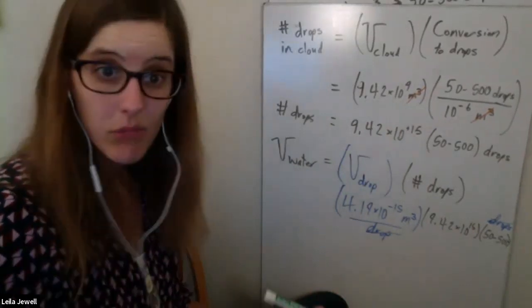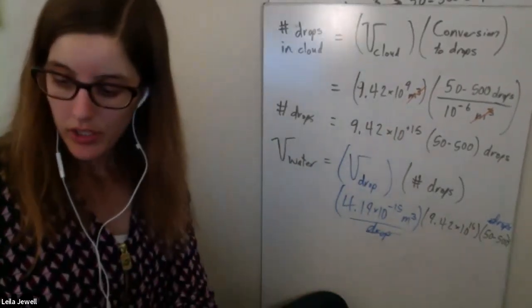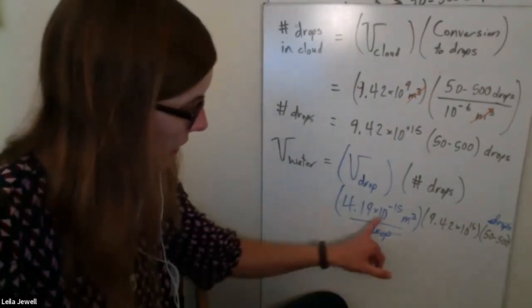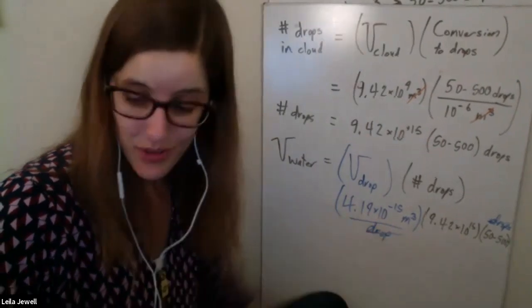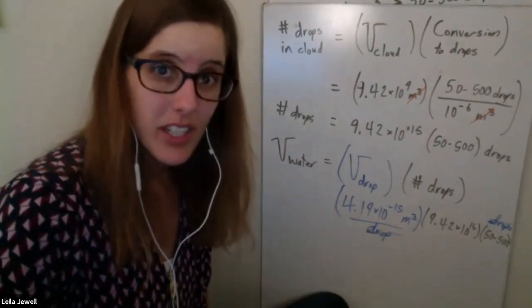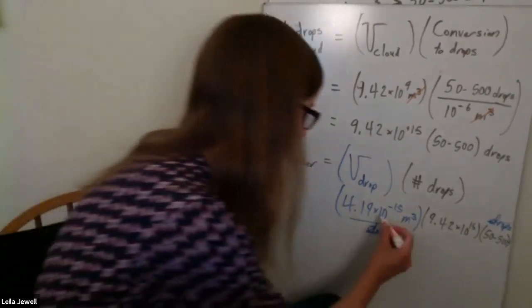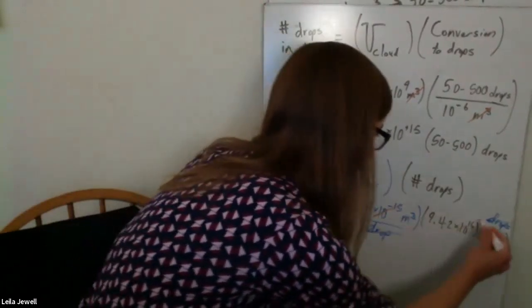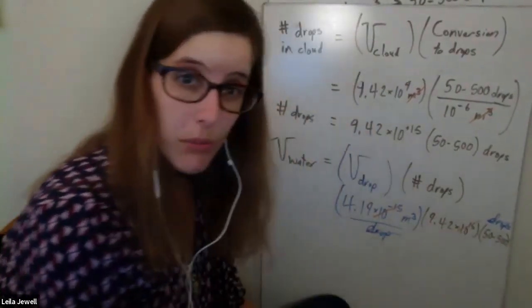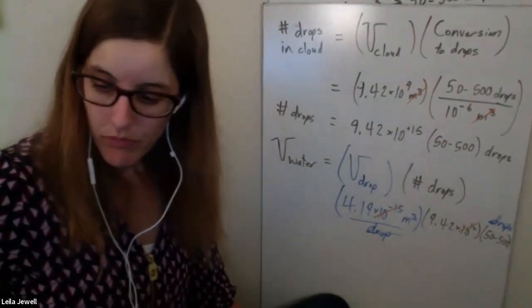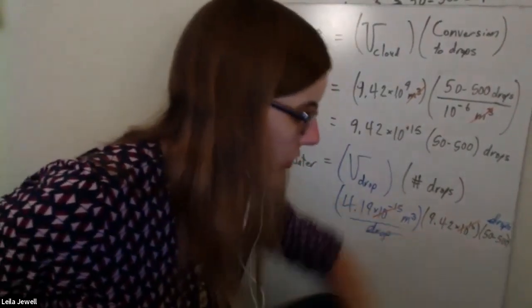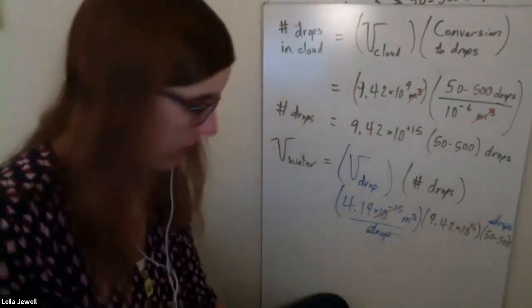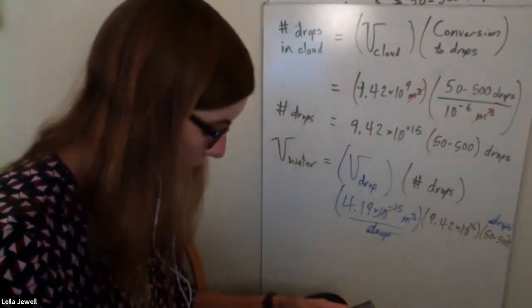And now we're at the point where we can plug and chug. Conveniently, we have 10 to the minus 15 times 10 to the positive 15. So those are just going to go away. You can still multiply it out if you want to double check yourself there, but it won't be that big of a factor. If we do this once times 50, we'll get one result, and then the other result will just be 10 times bigger. So I'm going to try just doing it once and see how it goes.